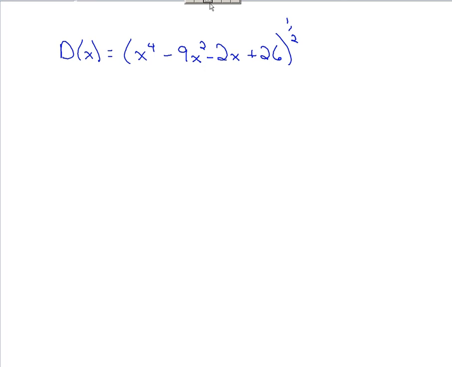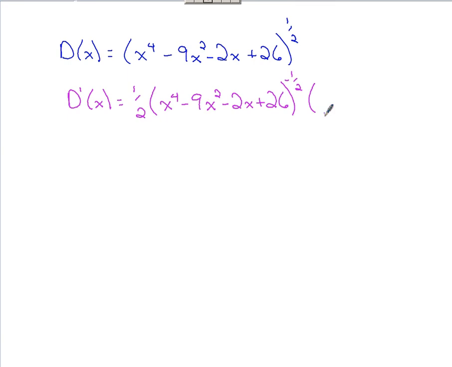At this point, we can take the derivative. So d prime of x equals, got a chain rule in play here, so bring down the 1/2. Got the quantity of x to the fourth minus 9x squared minus 2x plus 26 inside parentheses, subtract 1 away from the power, so negative 1/2 there. Tack on the derivative of the inside, which is 4x cubed minus 18x minus 2.